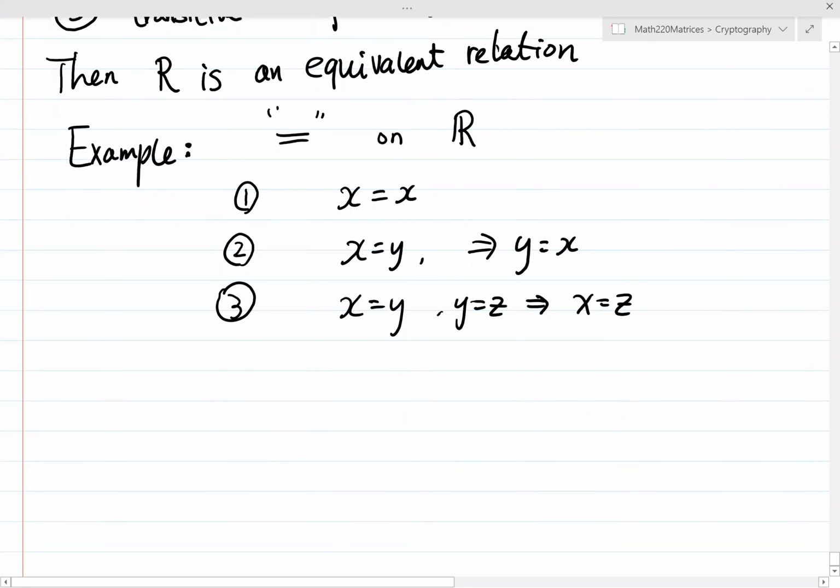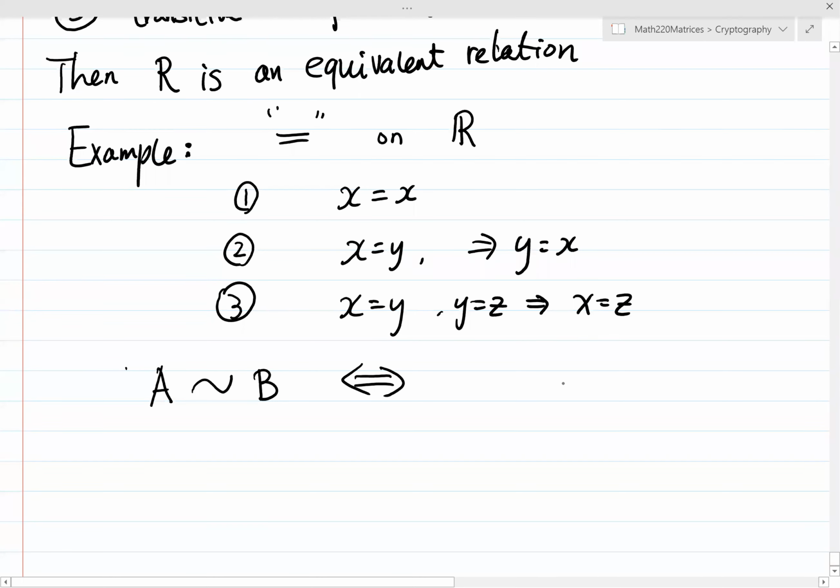Now we have a lot of examples. For instance, similar matrices, matrices being similar. So R is a relation on matrices, A R B, where R is similar.